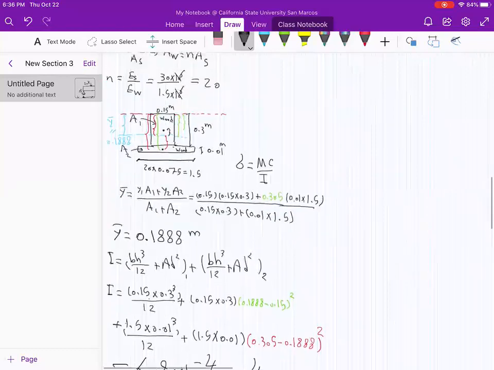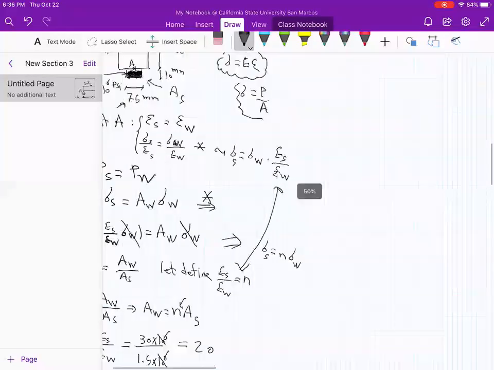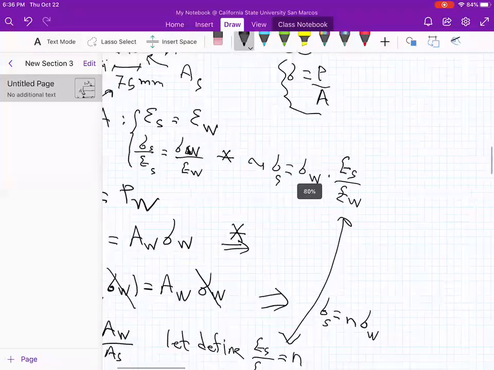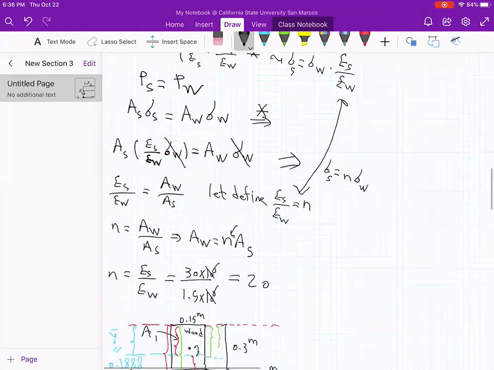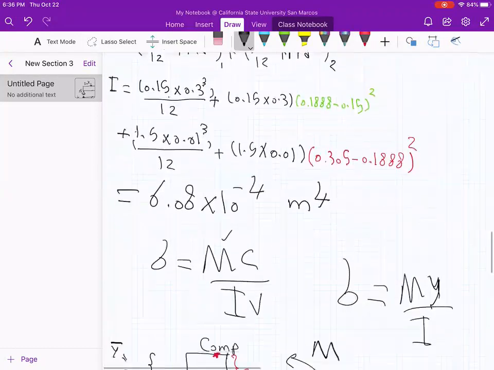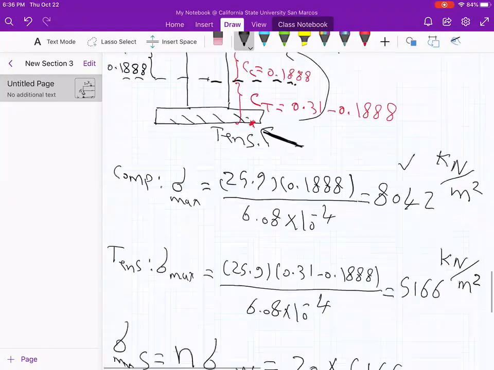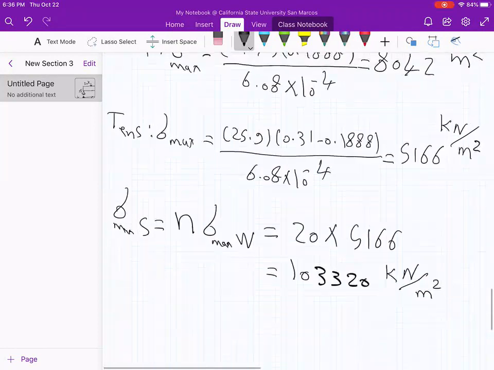Based on this formula, sigma S is ES over EW times sigma W, and we call ES over EW as n.